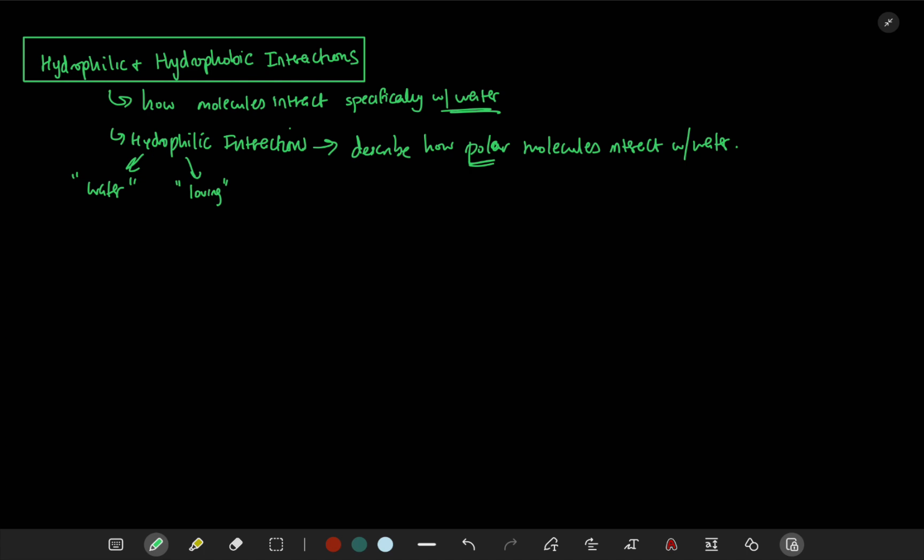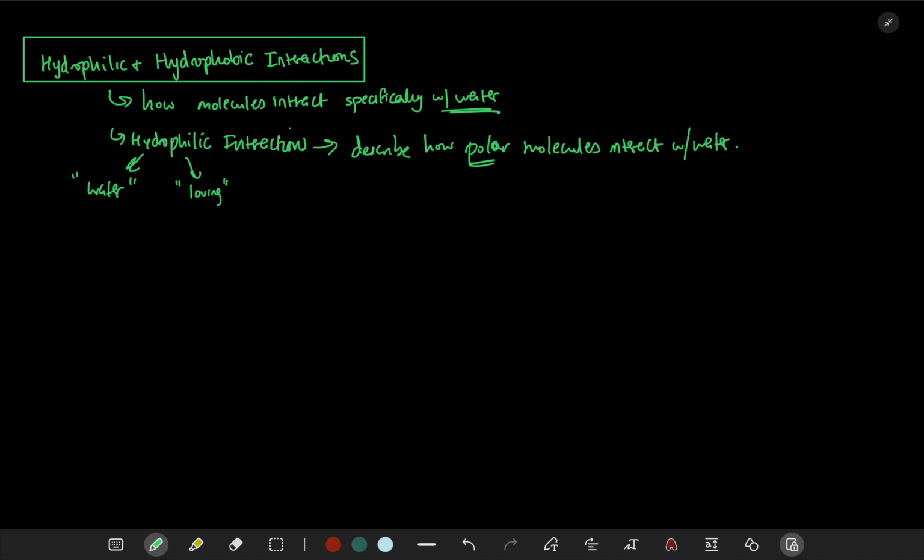Water obviously has partial charges, and so there's going to be an attractive force present, which is why polar molecules are water loving, or these interactions are called hydrophilic. The idea is that hydrophilic interactions are very similar to the mechanism of hydrogen bonding, but with other atoms, and not just with hydrogen bonded to fluorine, oxygen, or nitrogen. It could be any other polar molecule, but the nature of the attractive force is the same, just not the strength. But we'll talk about bond strength a little bit later.